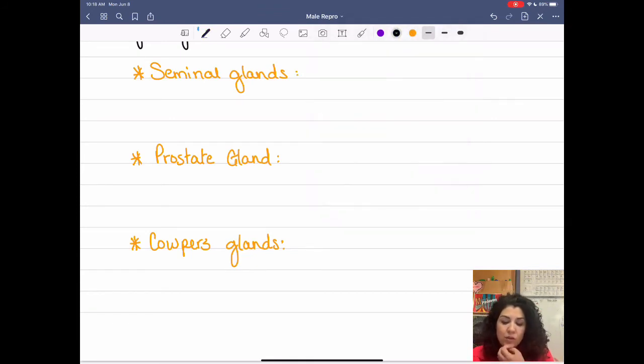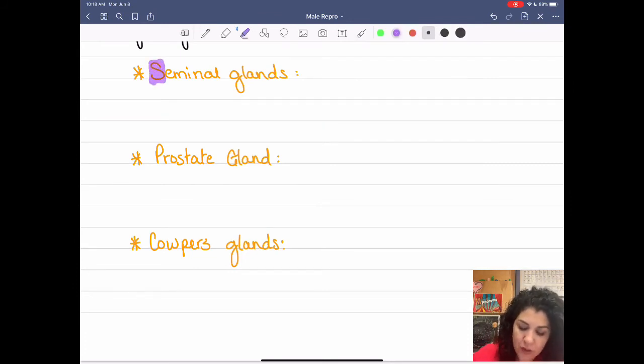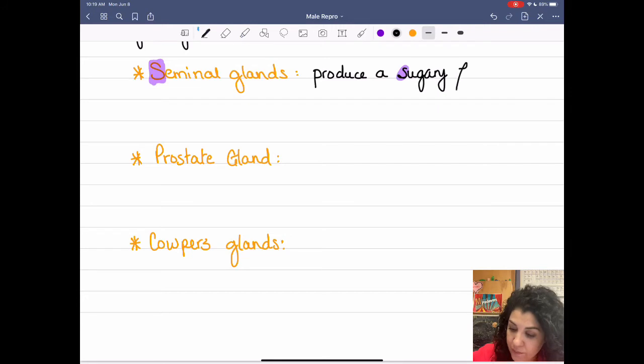Okay, so seminal glands, I want you to think of seminal, S. I want you to think of sugar. So the seminal glands are going to produce a sugary fluid. It is actually made of fructose.